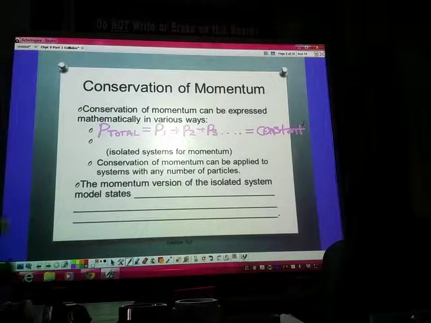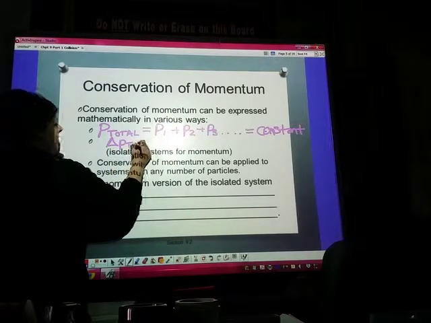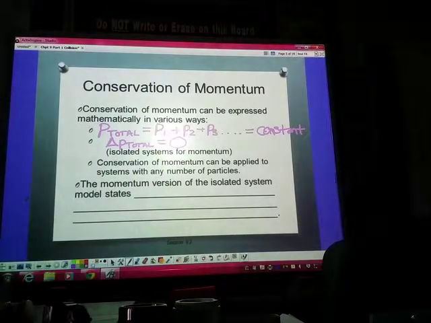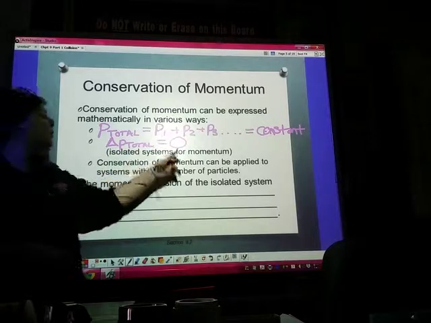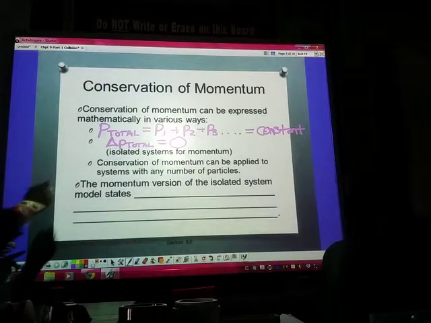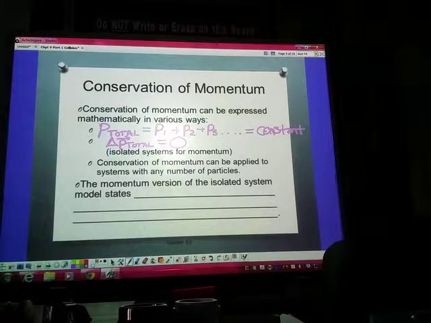Okay, so what does that mean? That means that the change in the total momentum needs to be equal to 0. And actually, let me put a vector above momentum, because we are talking about a vector quantity here.